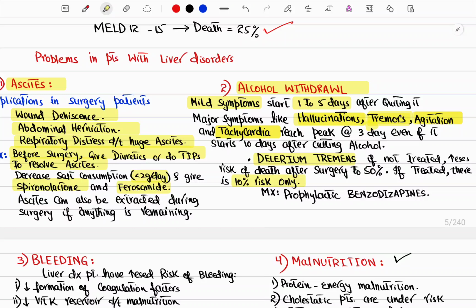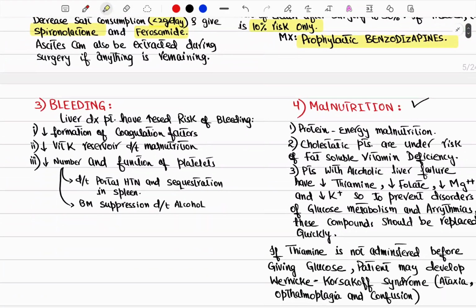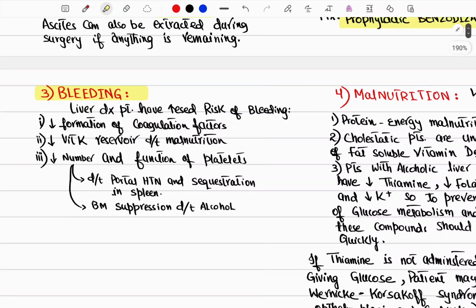So for management of delirium tremens after the person quits alcohol, we give prophylactic benzodiazepines. The third thing due to liver problems is that bleeding occurs. Why does the bleeding occur? Because there is a decrease in formation of coagulation factors in these patients, because coagulation factors are made in the liver.